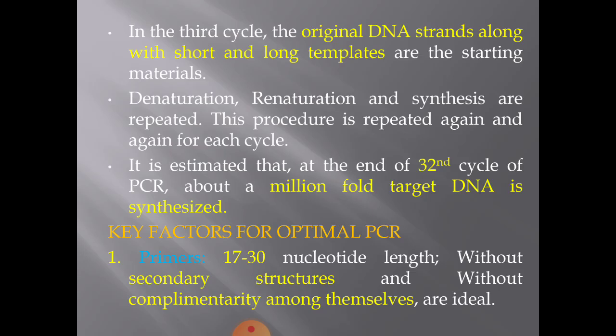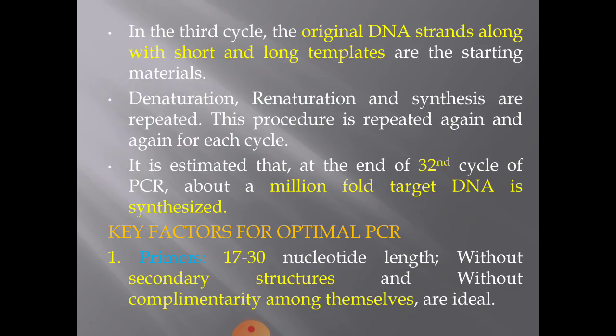You have to have primers of 17 to 30 nucleotide length, and it is preferable to have primers without secondary structures. They should not have any loops. That's what I meant by secondary structures. And they should be without complementarity among themselves. Otherwise, these primers will join to each other and the whole reaction goes to waste.